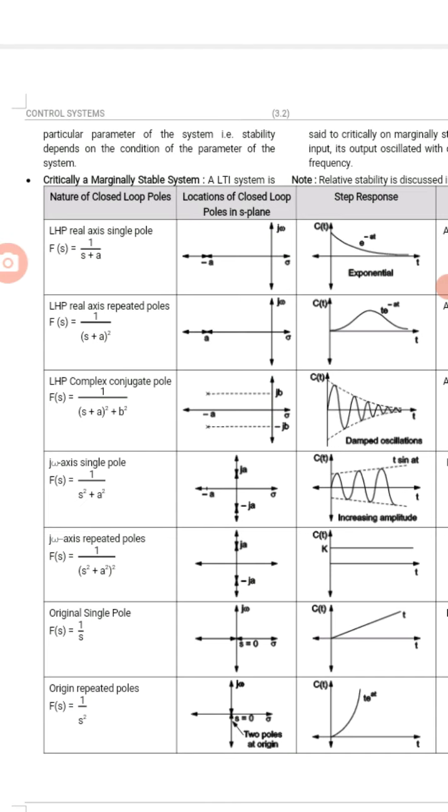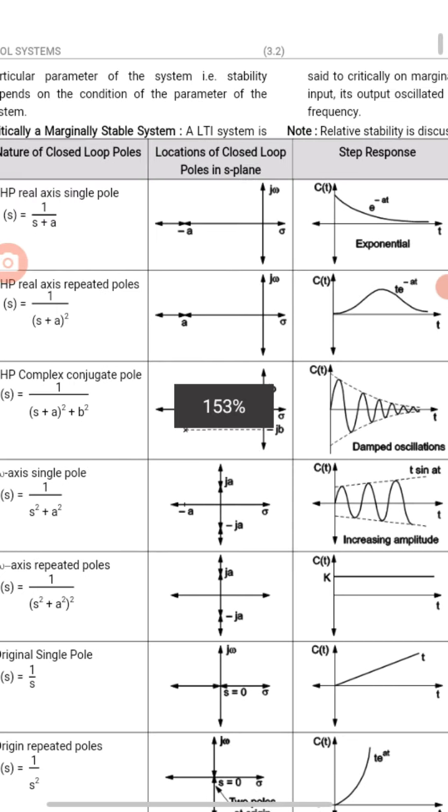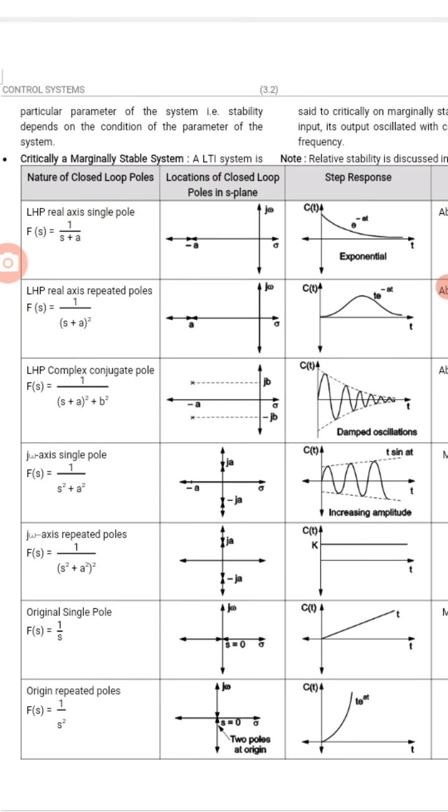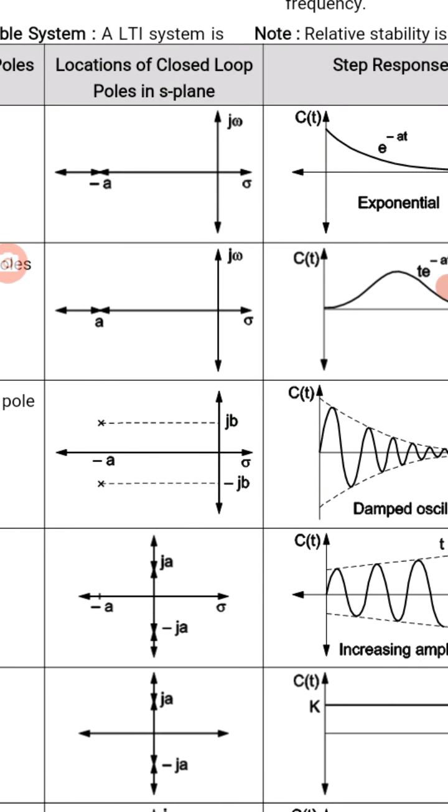Now as far as stability is concerned, you will find in the first figure, poles lie on the left hand side of the S plane. Normally I have a characteristics equation. There will be C of S upon R of S, which is equal to some numerator divided by denominator.